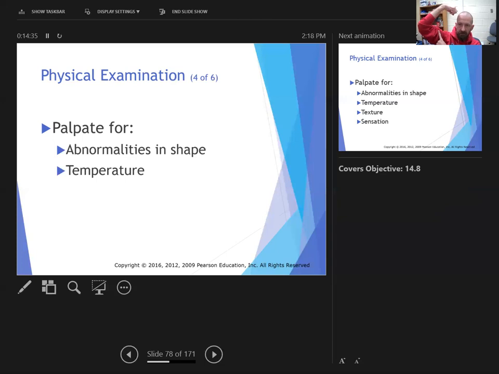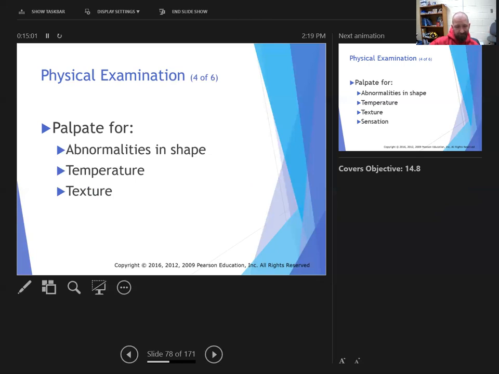We have a break here, pinches the artery, but we're not getting blood down to the fingertips. Think these fingers would be cold, or would they be hot? No blood, no body heat, right? These are going to be cold. So feeling changes in temperature can be clues to things there. So we'll palpate for that.